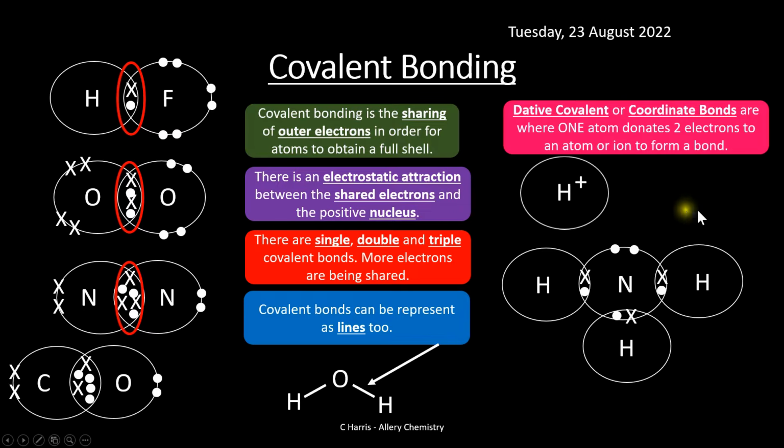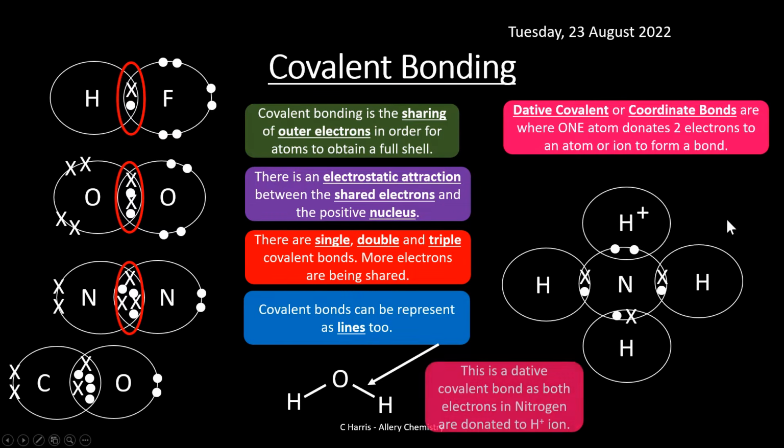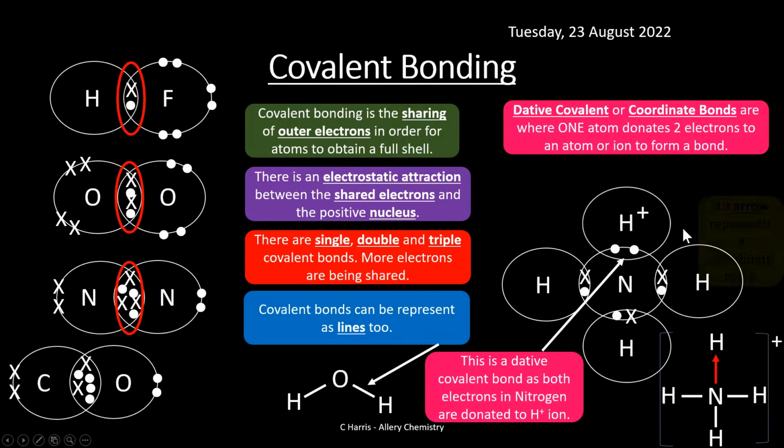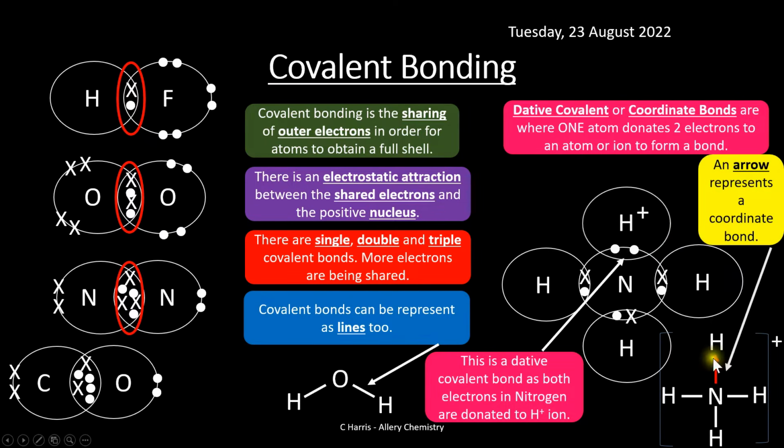So if we then move that across, there we are. This is a dative covalent bond. Okay, and the dot cross diagram just illustrates that a little bit clearer, because we know that these electrons have come from the same atom, which in this case is nitrogen. This is an example of a coordinate bond, or dative covalent, and it's represented with an arrow like that.